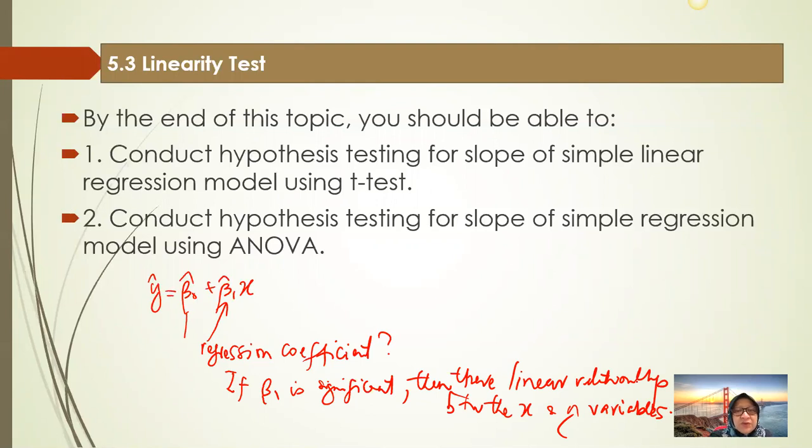So we are going to use two methods. One is using the t-test, or test statistic of t. Another one is using ANOVA, or analysis of variance, that you have learned in chapter 4.